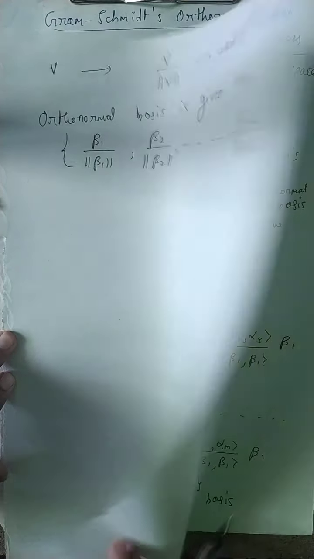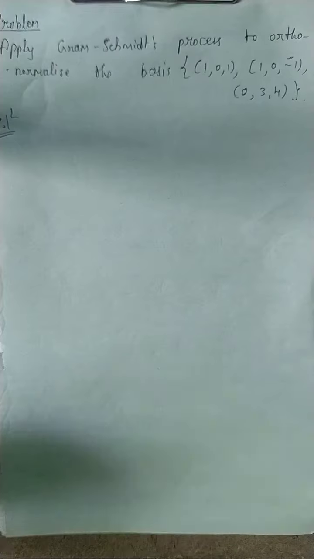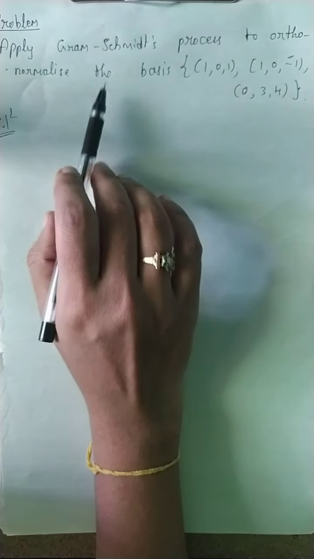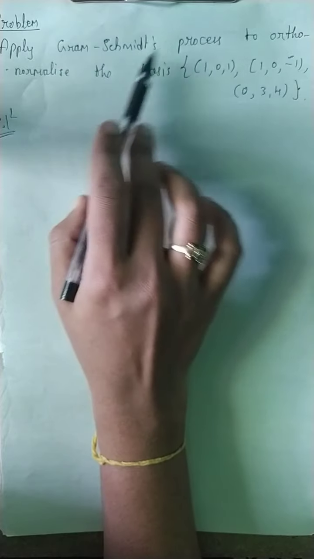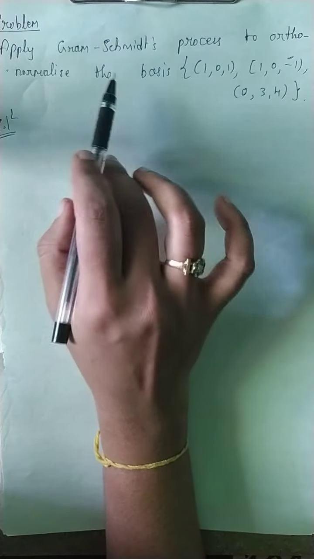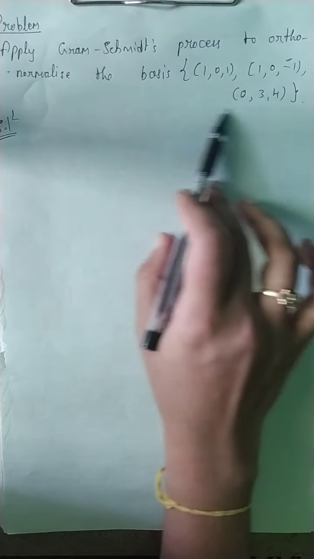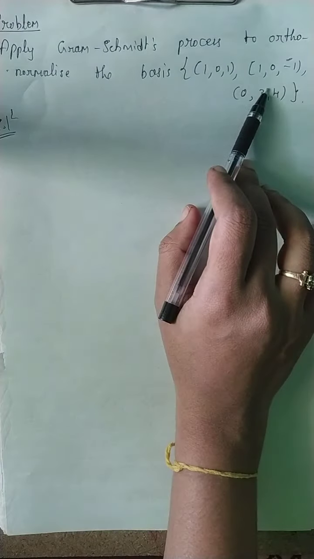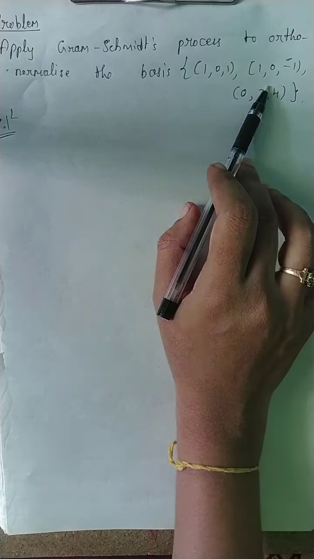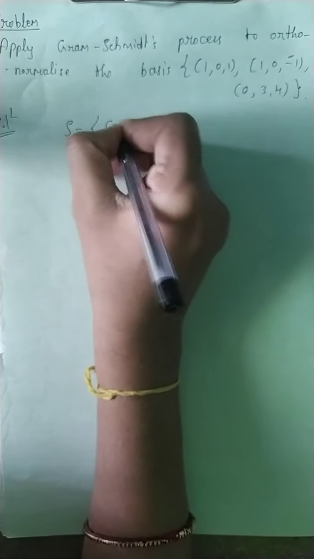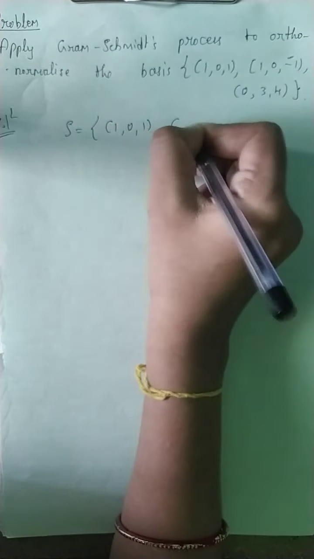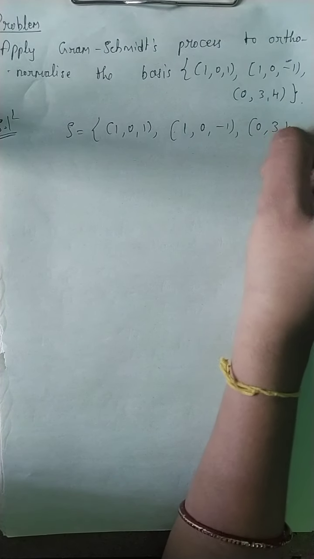Now we are solving one problem on this, which is a very important one. Apply Gram-Schmidt's process to orthonormalize the basis. Here the given basis is S, which is equal to (1, 0, 1), (1, 0, minus 1) and (0, 3, 4).